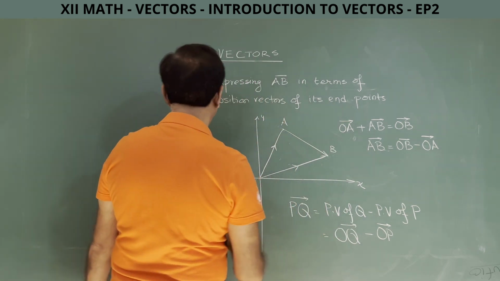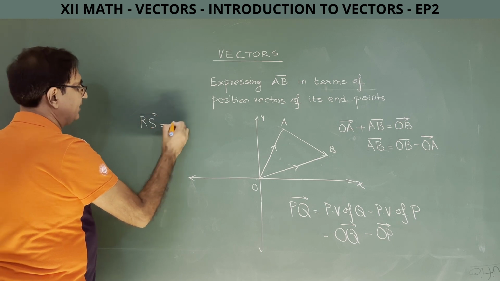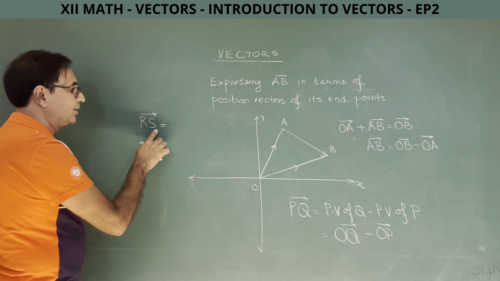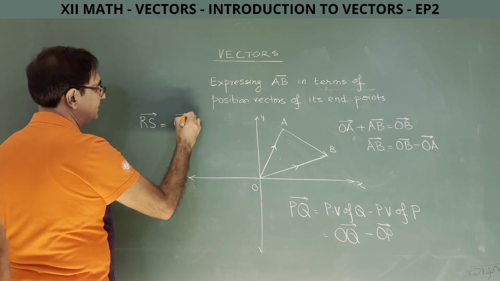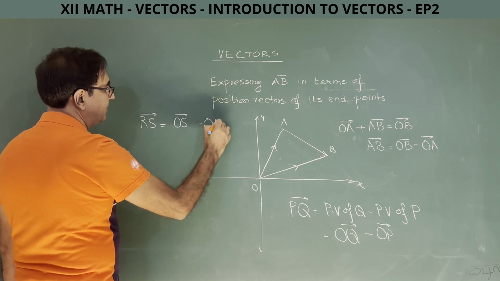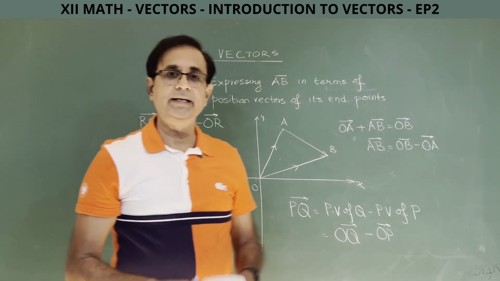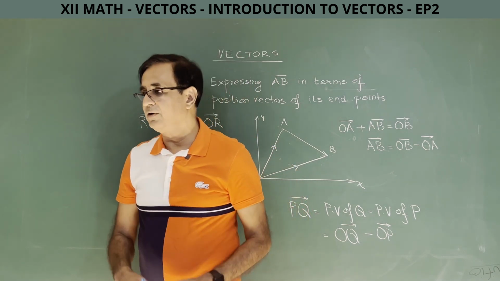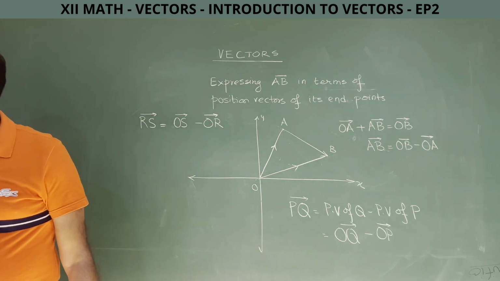Suppose you have vector, say, RS. So I can write vector RS as position vector of S minus position vector of R. If I use the symbols, it will be OS minus OR. So every vector can be expressed in terms of position vectors of its endpoints.